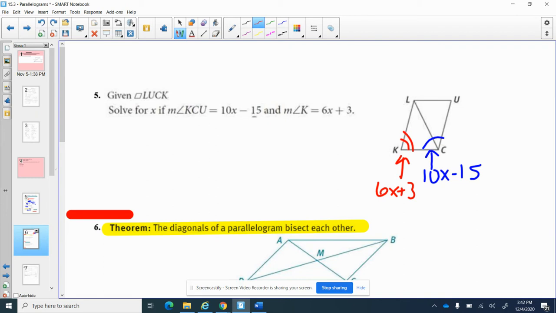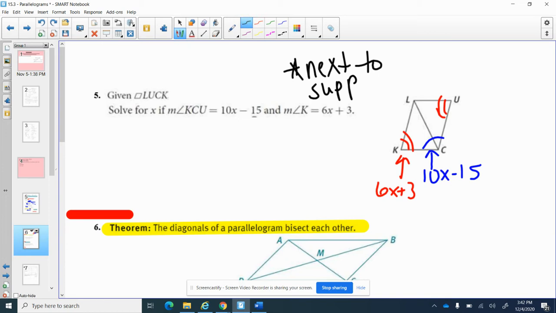So notice K and C are consecutive angles. They are next to each other, right? They're not across from each other. So what we know about them is that they are supplementary. Had we had angle K and angle U, then they would have been equal to each other, right? Because the opposite angles are equal.